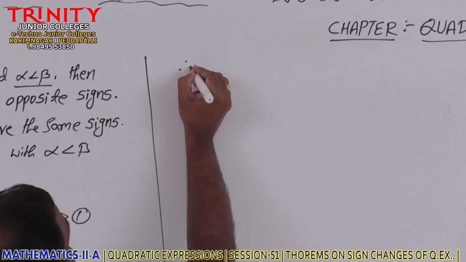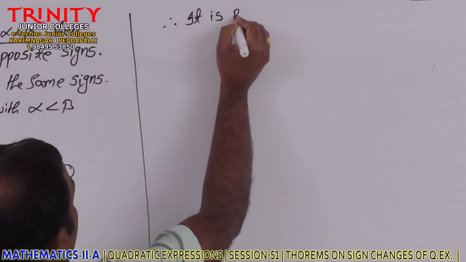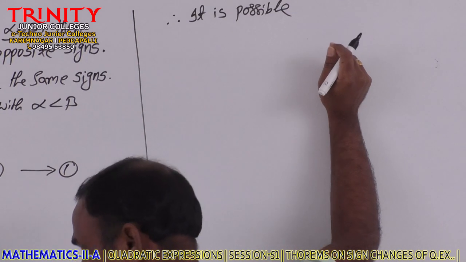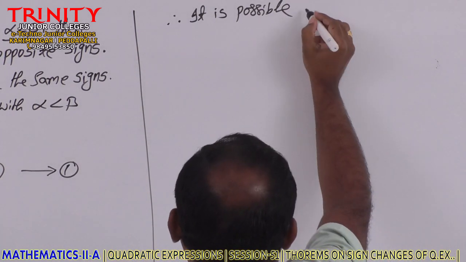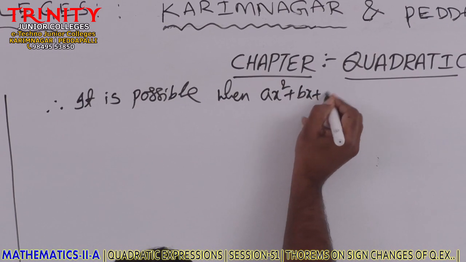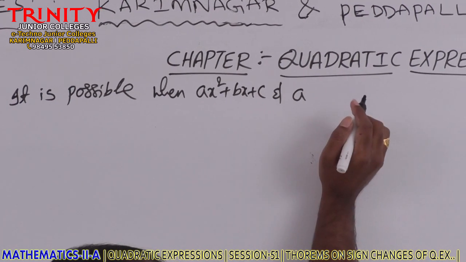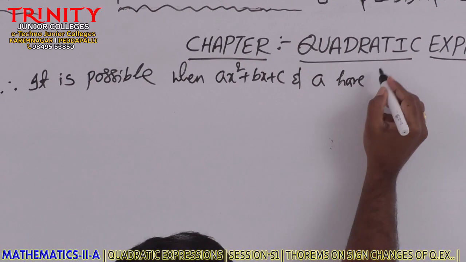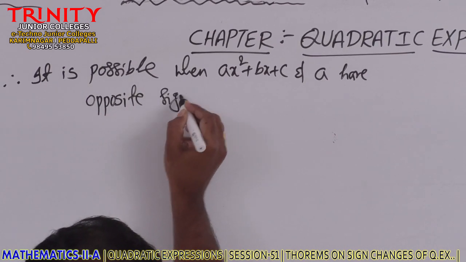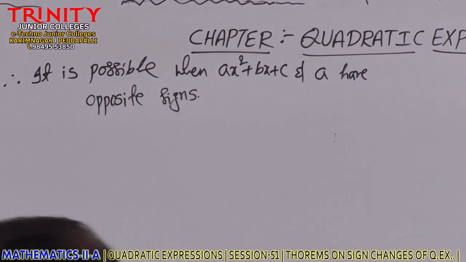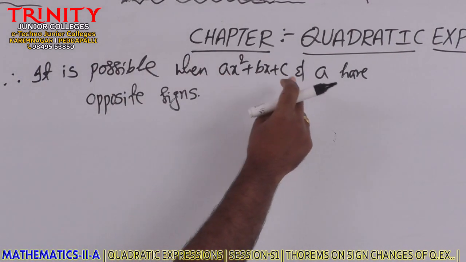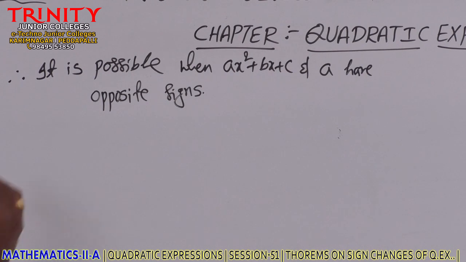For (ax square plus bx plus c) by a to be less than 0, it is possible when ax square plus bx plus c and a, the coefficient of x square, have opposite signs.